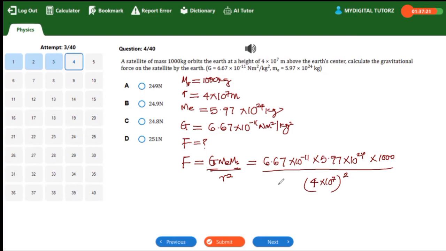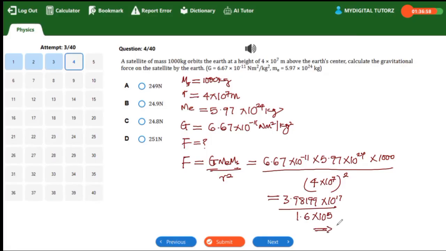Are we together? When you multiply the numerator, press your calculator, it should give you something like 3.98199 times 10 raised to power 17, all divided by, if you find the square of this 4 exponential 7, that will give us 1.6 times 10 raised to power 15.